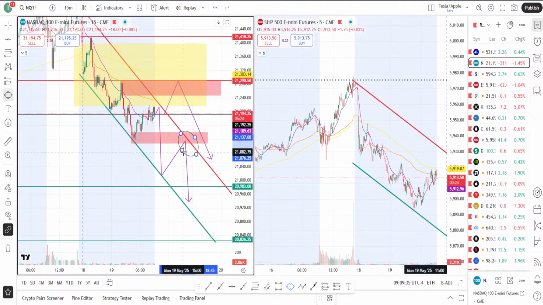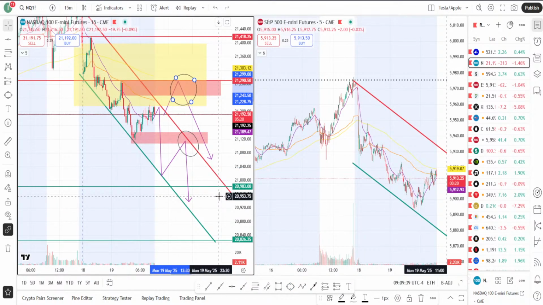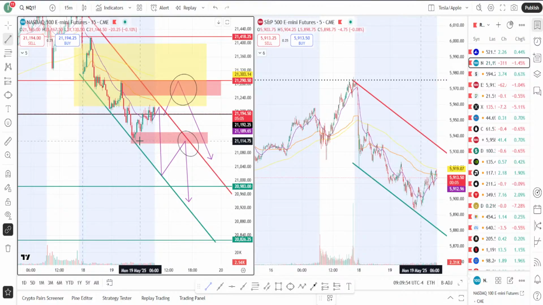I'll be looking to sell here, and I'll be looking to sell here, because right now it looks like we have a bit of a lower time frame trend.